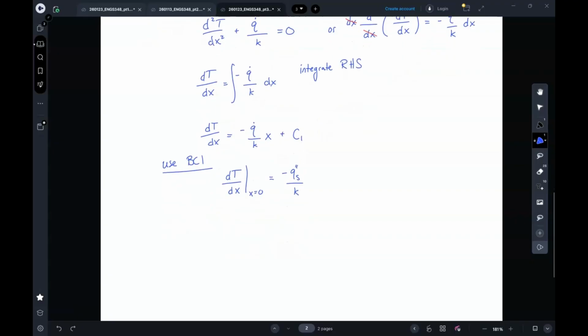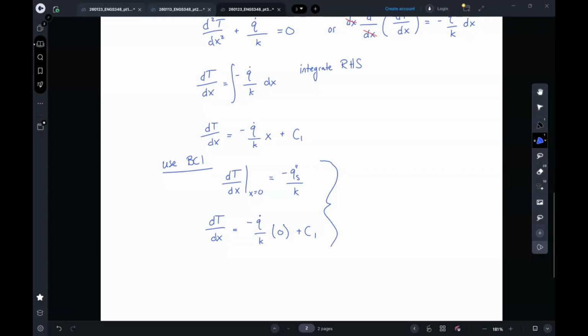So I have dT/dx equals minus q dot over k times 0, because I'm plugging in 0 for x, plus c1. Now I just need to take these two guys and reconcile them by selecting a value of c1.